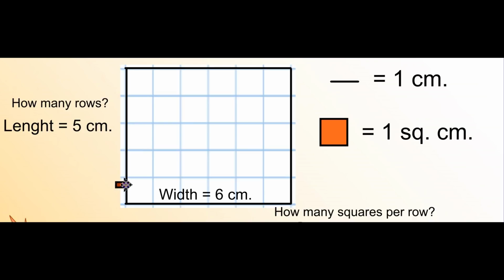Area is the amount of surface inside these boundaries. Everything that fills up this inside area. So, how can I use my length and my width? I have 5 rows of 6. 6 plus 6 plus 6 plus 6 plus 6.